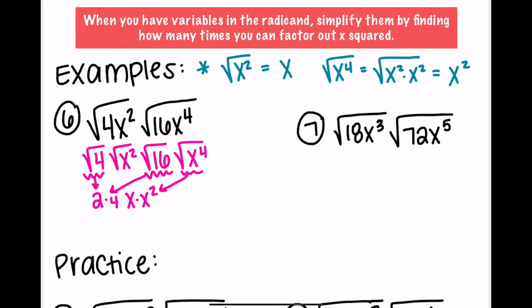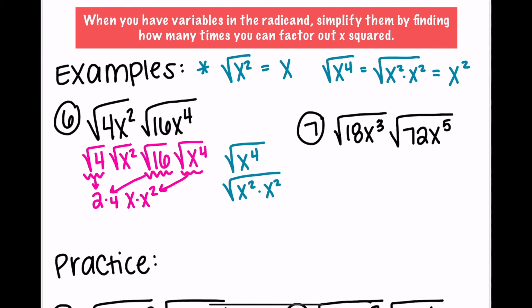So if you're a little bit confused about why the square root of x to the fourth is equal to x squared, why is that the case? Well, that's the case because the square root of x to the fourth, what that really means is that we have the square root of x squared times x squared, right?